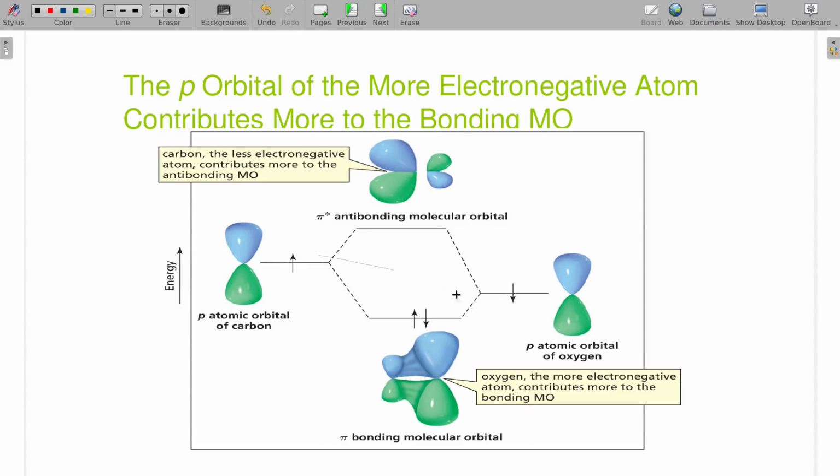When that overlap happens, we create an imbalanced pi orbital, where the electron cloud of that pi bond favors the oxygen side. And simply because of that, the electrons spend a little bit more time closer to the oxygen, or the more electronegative atom.